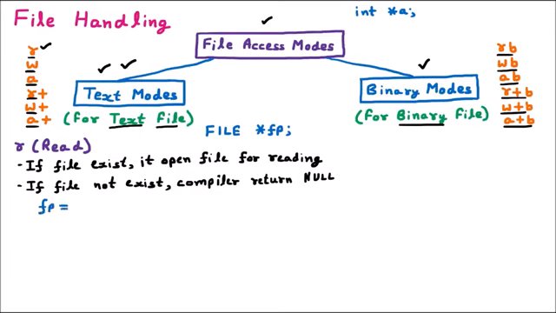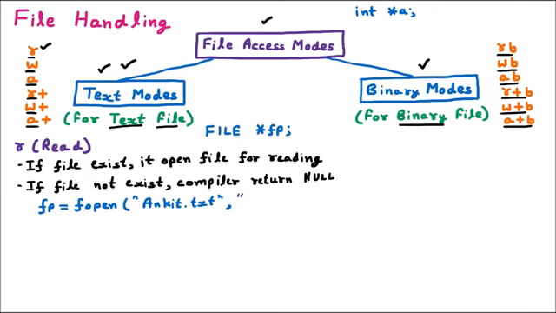That will be equal to, we are opening the file. So the function is fopen. The fopen function is for opening the file. In the bracket, we are going to provide the name of the file. Let's assume that the name of the file is ankit.txt. Then afterward, comma, here we are going to provide the mode.